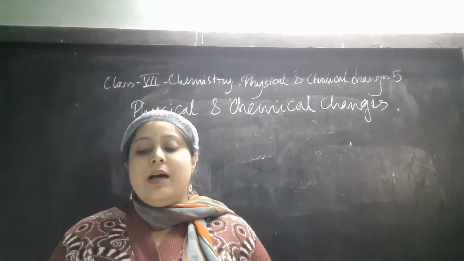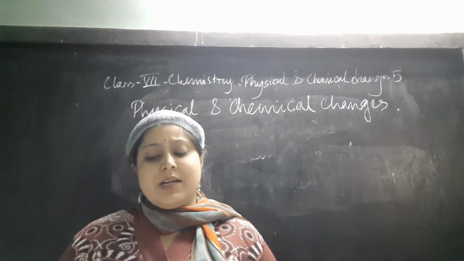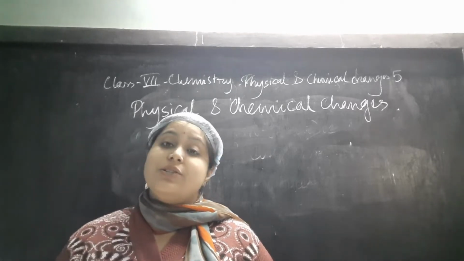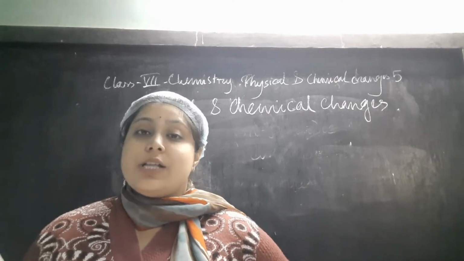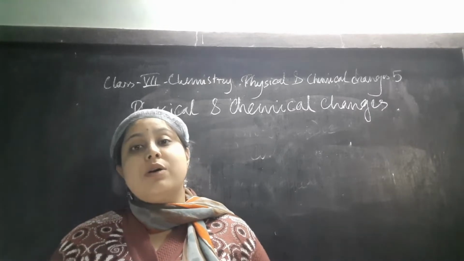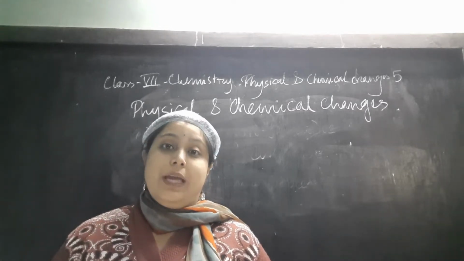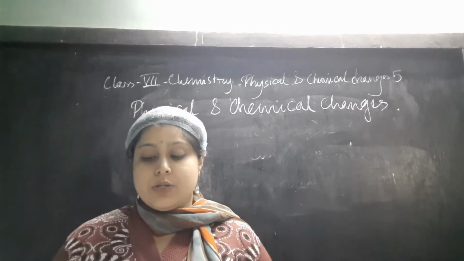In a physical change, no new substance is formed and the chemical composition of the original substance remains the same. But when a chemical change happens, the original composition and the new composition become different. Then only are they forming a new thing. Understood?